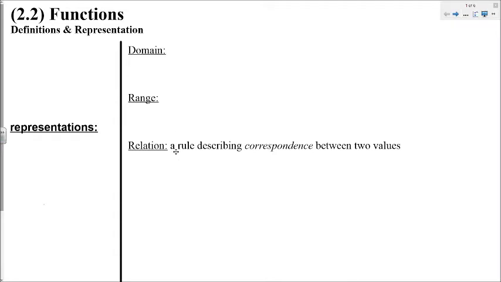The two things that make up the inputs and outputs of a relation are the domain and the range. The domain is basically the set of all possible inputs, or the values that I'm going to put into a relation, and the range is the set of all possible outputs, so what I get out for that.